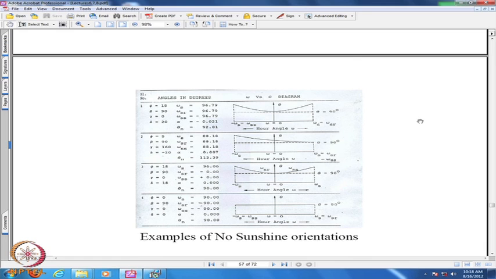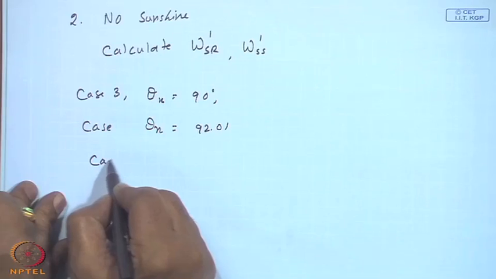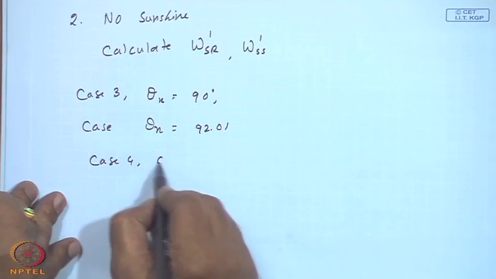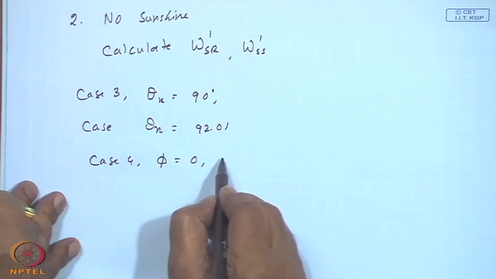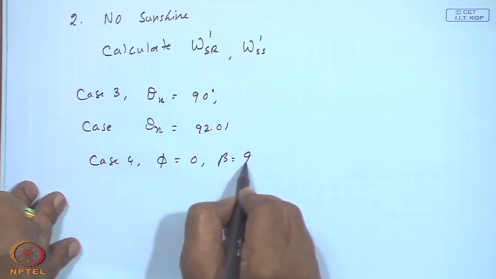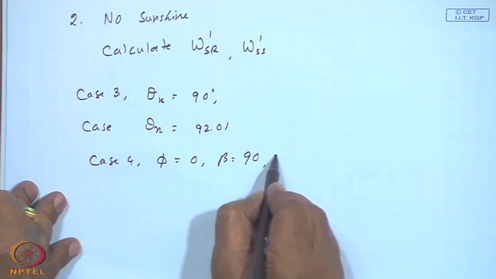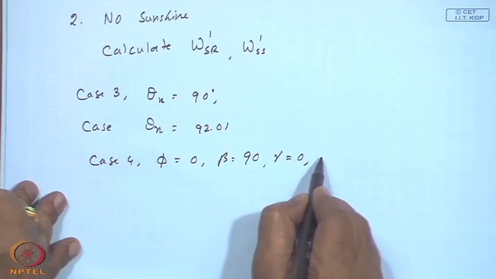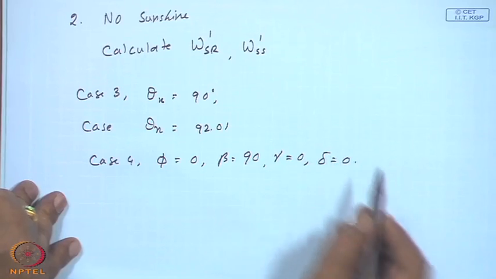And the last one is phi 0, beta 90, gamma 0 and delta 0, that is the equinoctial day. So, if you put it, you will get case 4: phi 0, beta 90, gamma equal to 0 and delta equal to 0.